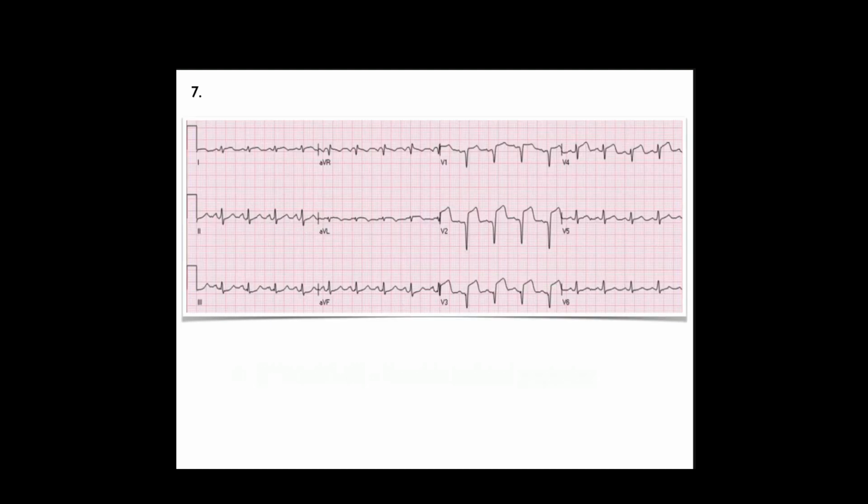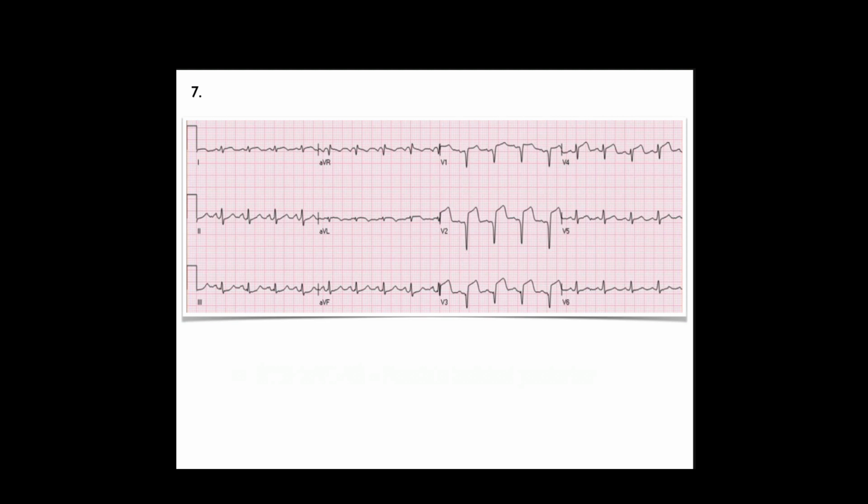Okay. Anne, you're next, please. Okay, there's not too much depression going on here, maybe a little bit in 3 and aVL. And I think that's just reciprocal change. Okay, I agree with that.